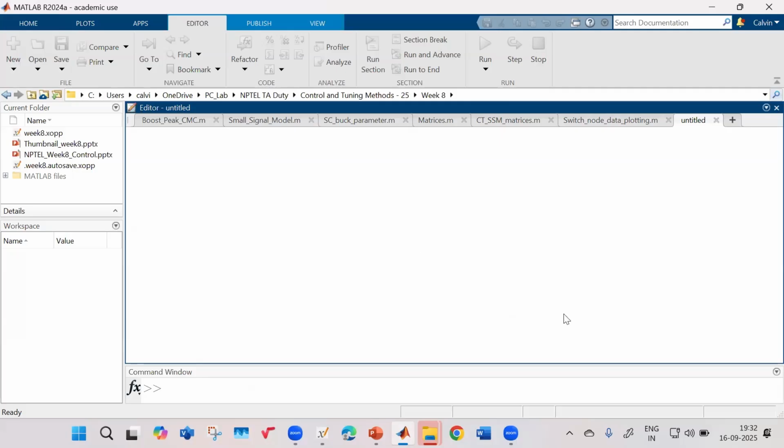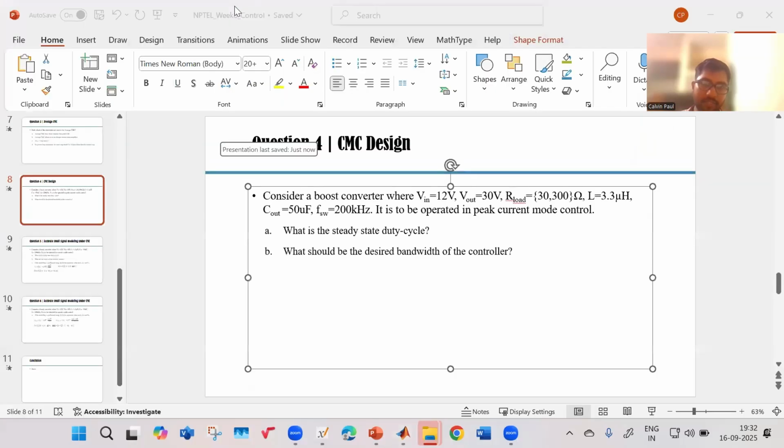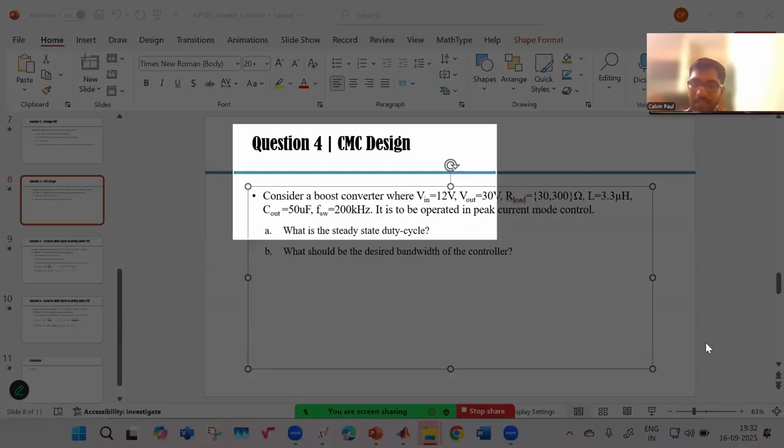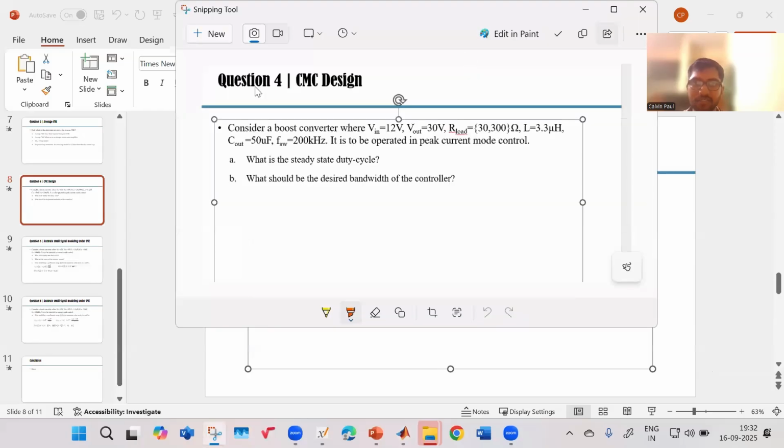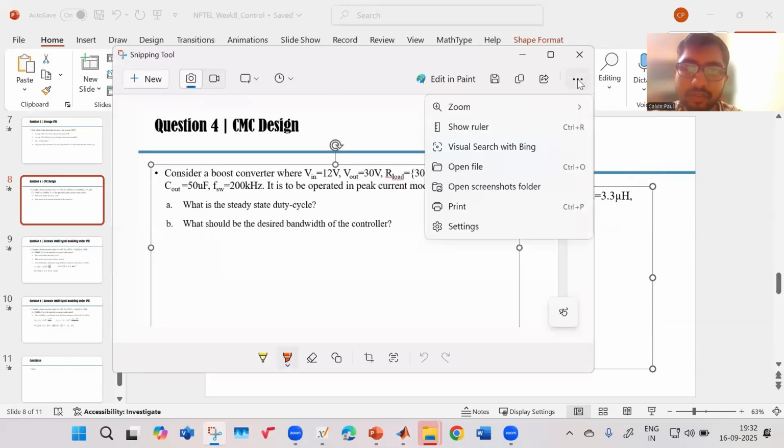So if you have Windows 11, you just have to take a screenshot or something. You guys may know this by now, but just in case you don't, I take this screenshot and then, oh, this is Windows 10. So my laptop is Windows 10.